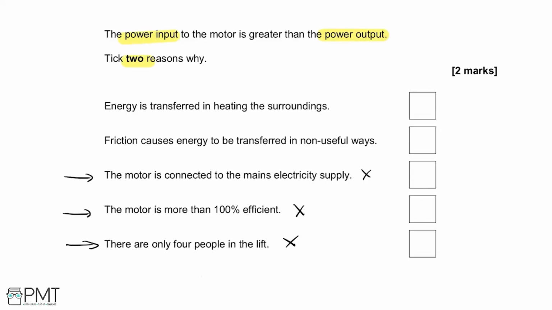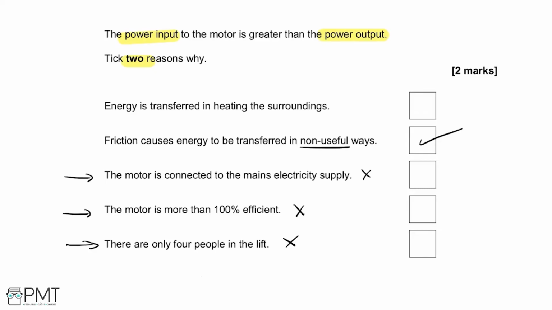That's true because friction causes heat to be produced, and also possibly light if there are any sparks, and that is wasting energy. So some of the power input is used up in that energy, and we don't want it to heat up or light up anything, so it's non-useful, but it still happens.